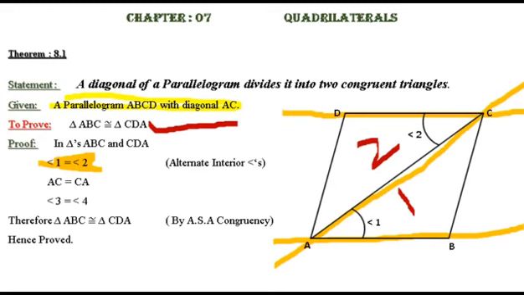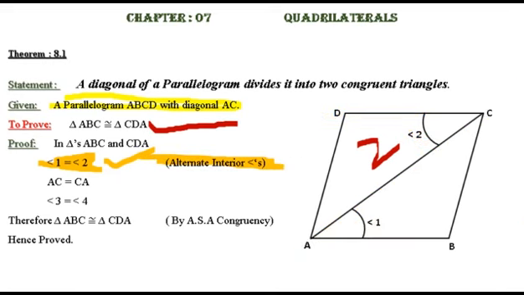So if CD and AB are parallel to each other and the diagonal AC is acting as a transversal, then angle 1 and angle 2 are alternate interior angles, angles in opposite positions. And if lines are parallel, then alternate interior angles become equal. That is, angle 1 will be equal to angle 2, and that's what I have mentioned here: 1 equals 2, and the reason is alternate interior angles.